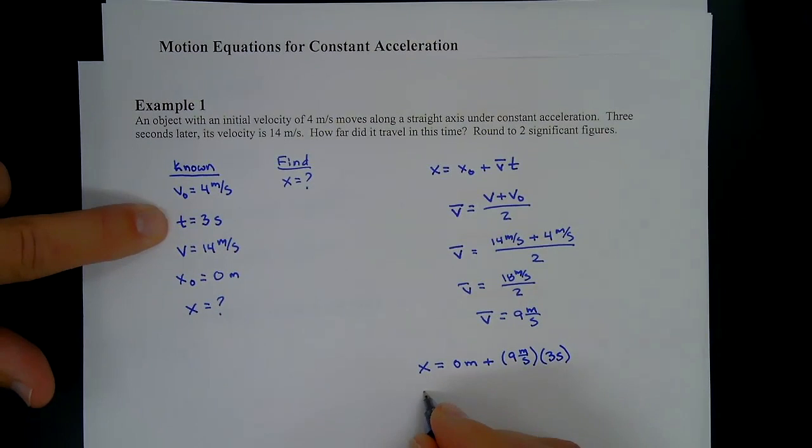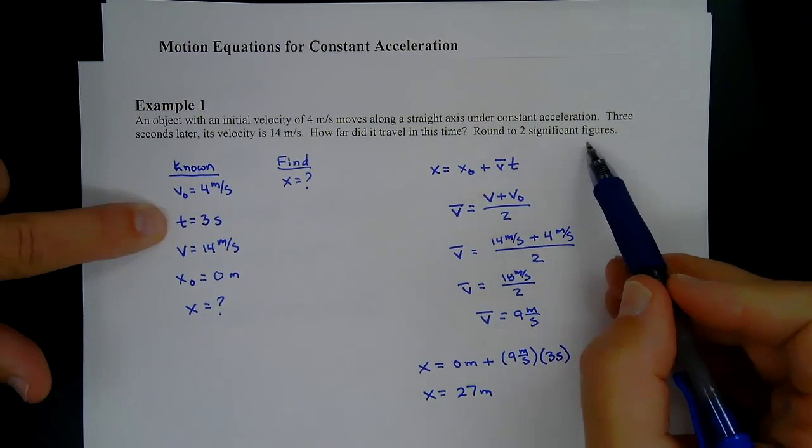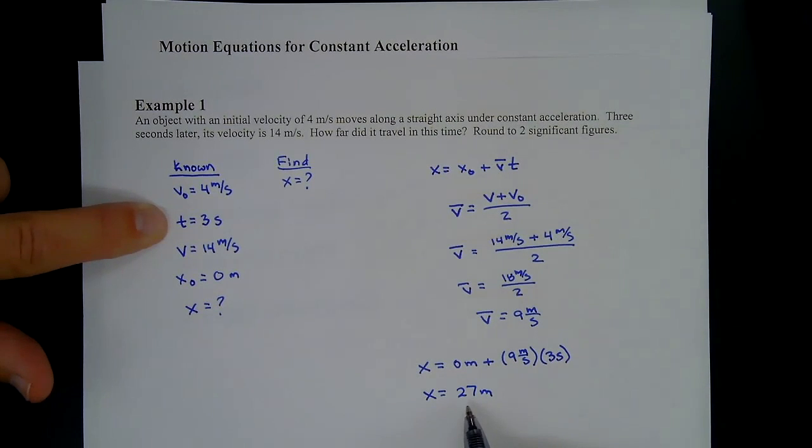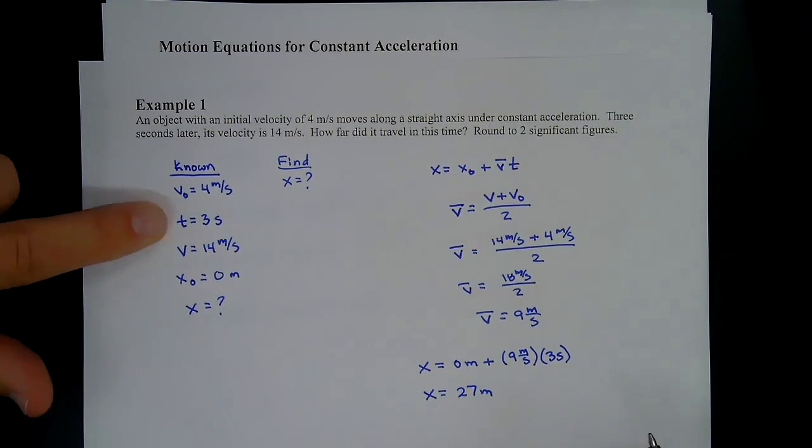So my final position would be 0 plus, and my seconds cancel here, and I'm left with 27 meters. I want us to round to 2 significant figures, and it comes to us already with 2 significant figures, so we're done.